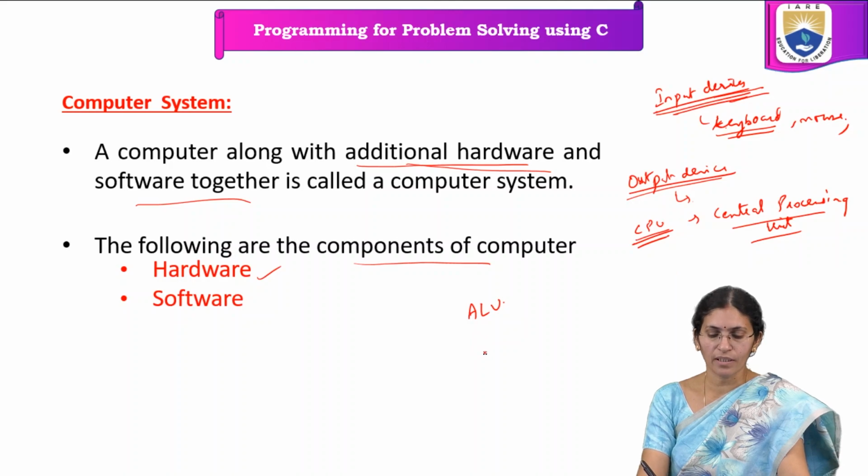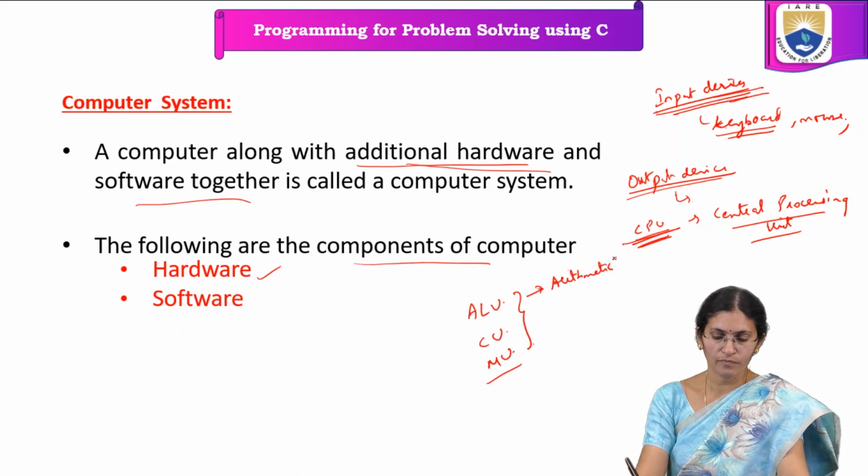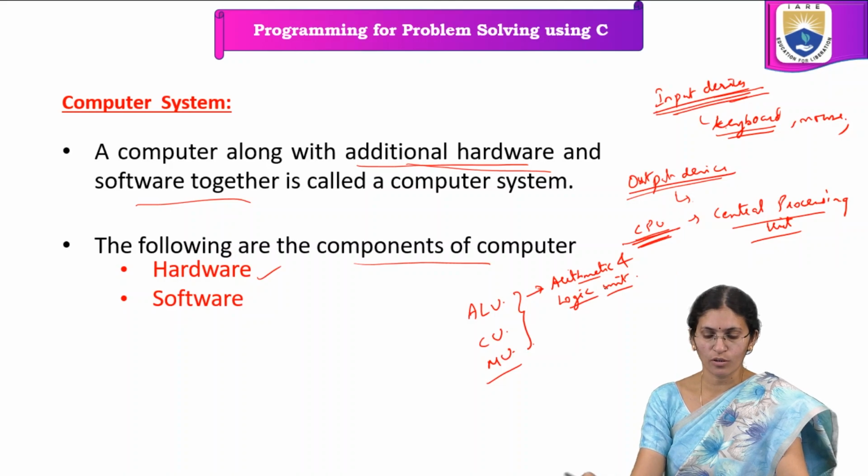Next, after this we have the control unit, and then the last one is the memory unit. These are the different units which are available in the CPU, Central Processing Unit. The arithmetic and logic unit performs arithmetic and logical operations.